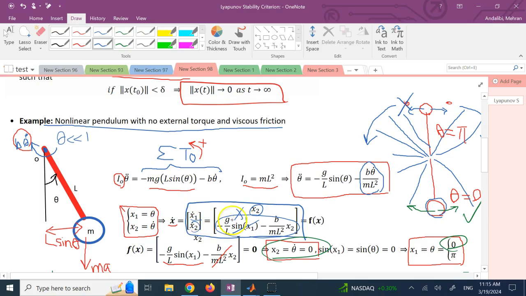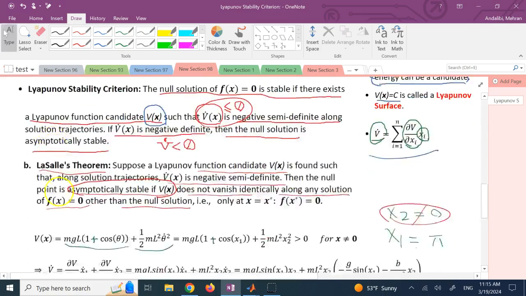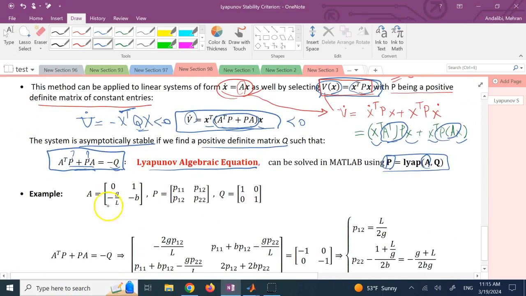So in this case, x1 dot equals x2, x2 dot equals negative g over l x1 minus b over ml squared x2, and you can write it down like this in linear format. Now this b can be b over ml squared, or we can just leave it as is. You can assume that ml squared is equal to 1.